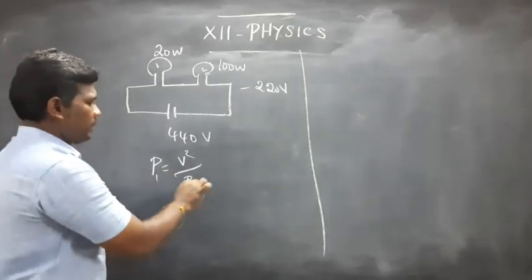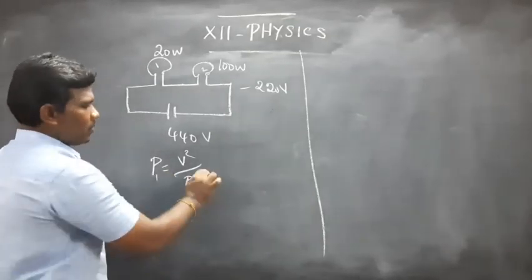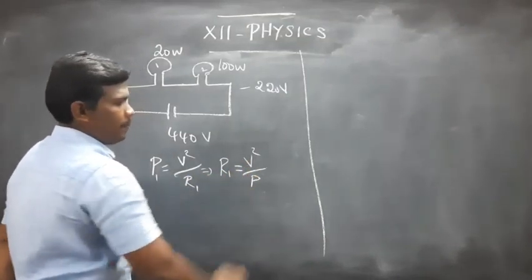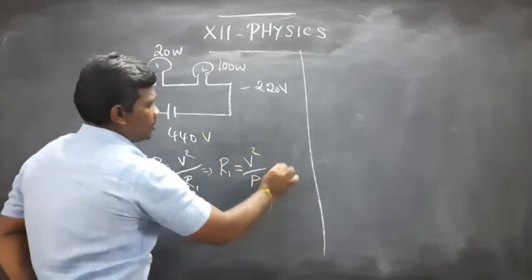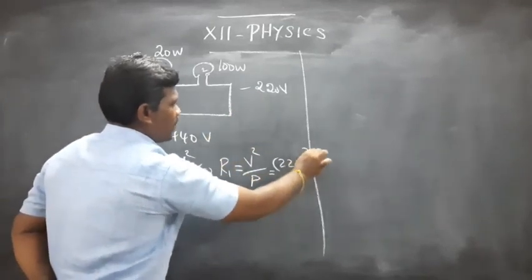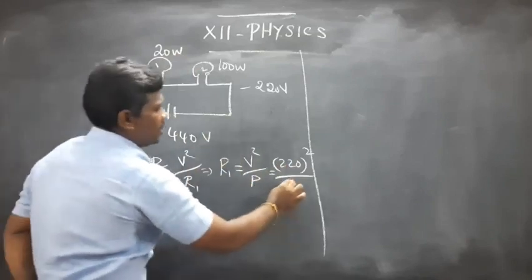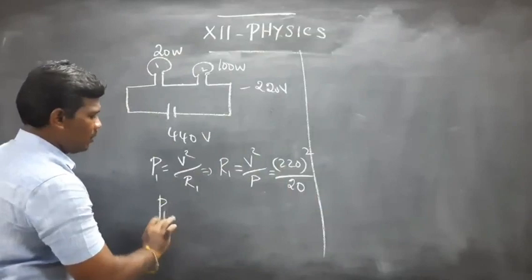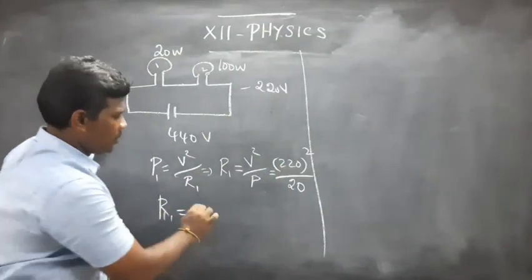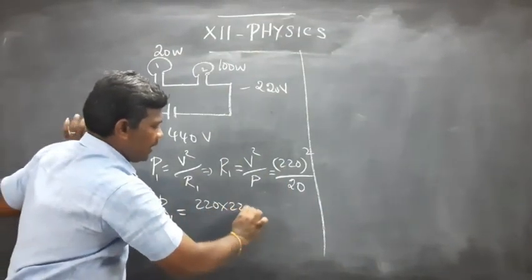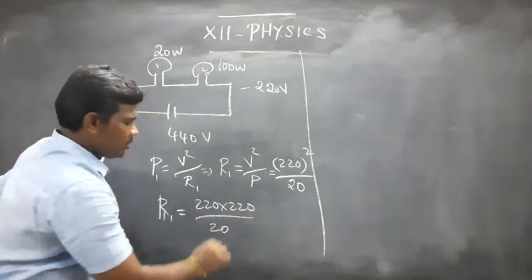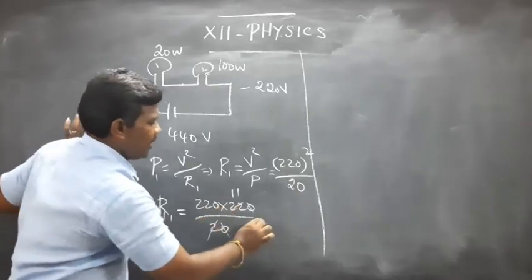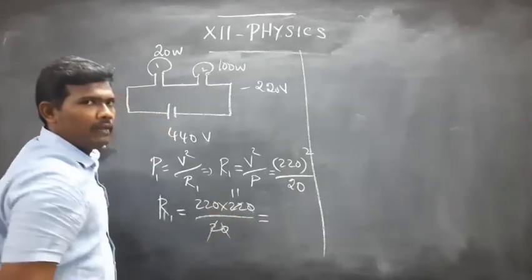So R1 is equal to V squared divided by P, which is 220 squared divided by 20. So R1 is equal to 220 divided by 20. We can cancel the 0 and 2, which gives 11. So we multiply 220 with 11.